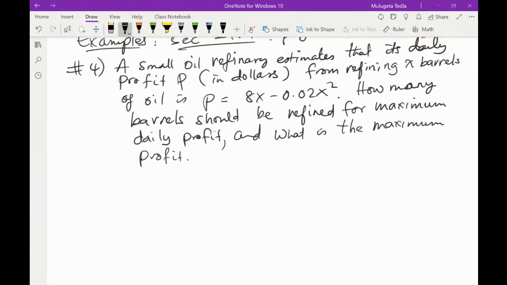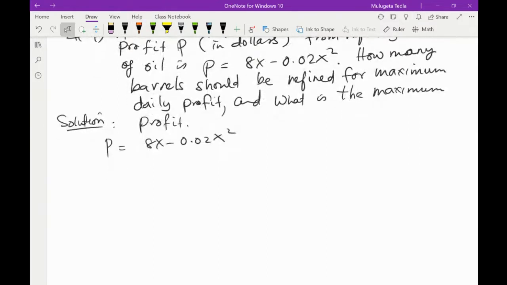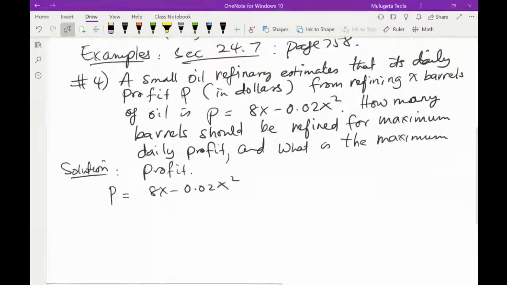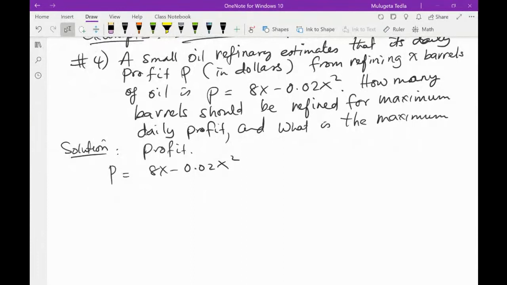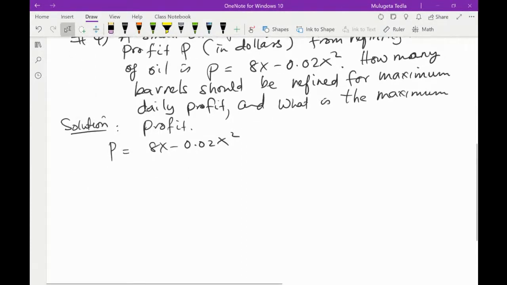But the profit and the number of barrels of oil is related by P equal to 8x minus 0.02x squared. So we need critical numbers. As we said, this is an optimization problem.